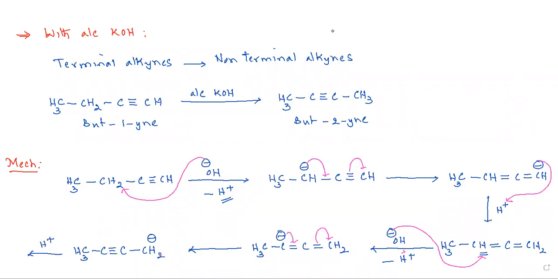Correct. Okay. So we'll get the final thing. C triple bond C, then CH. Yes. So this is how we can convert the terminal alkynes into non-terminal using alcoholic KOH. Okay.